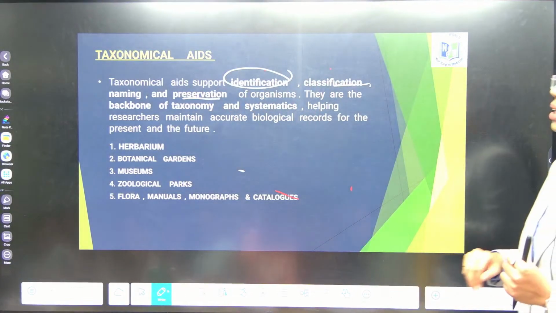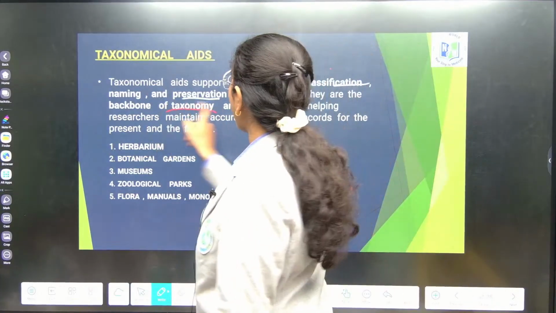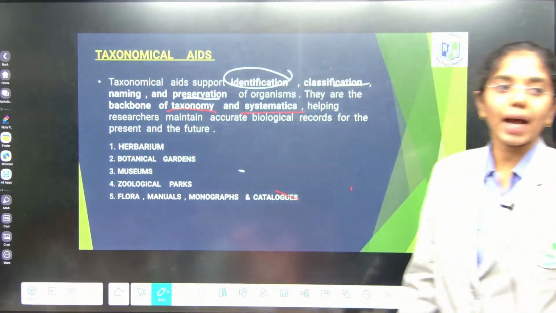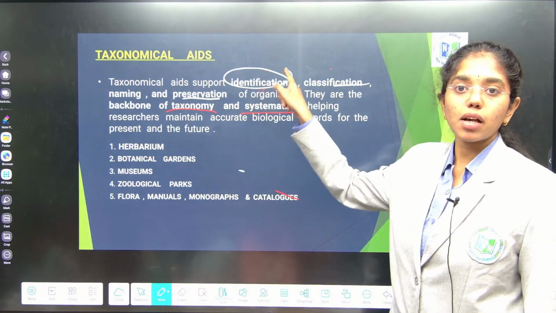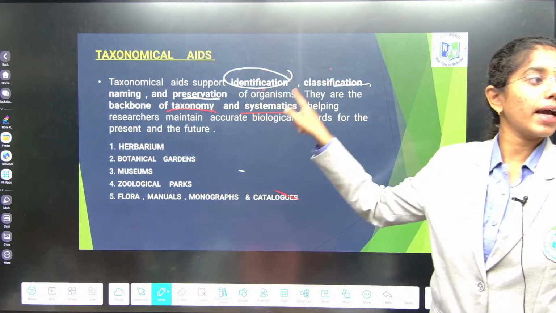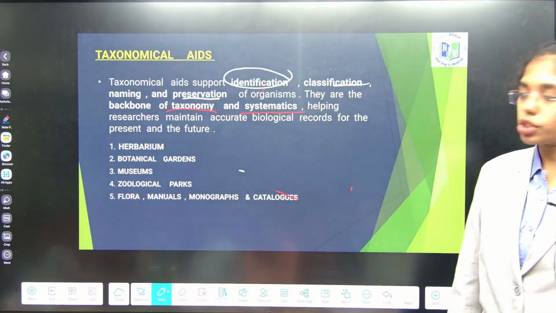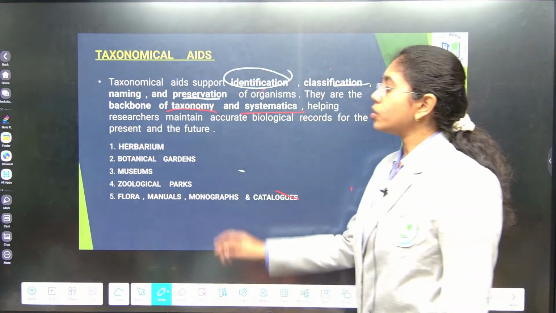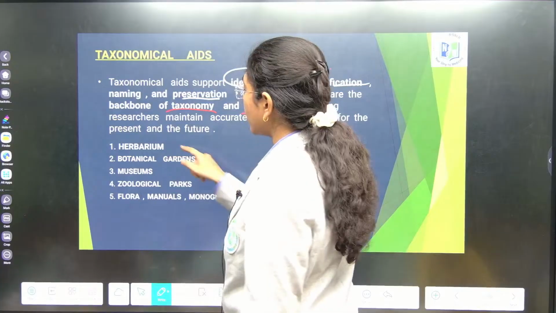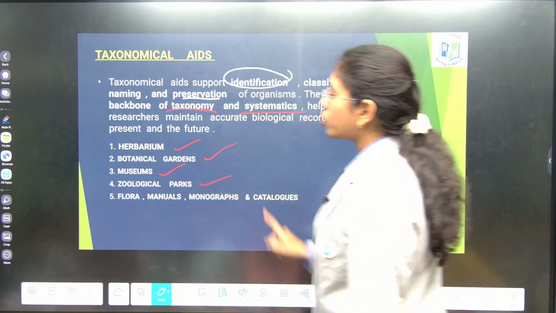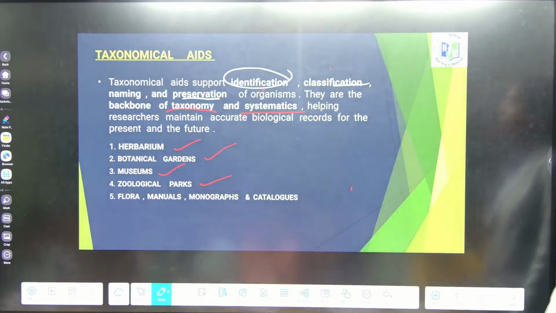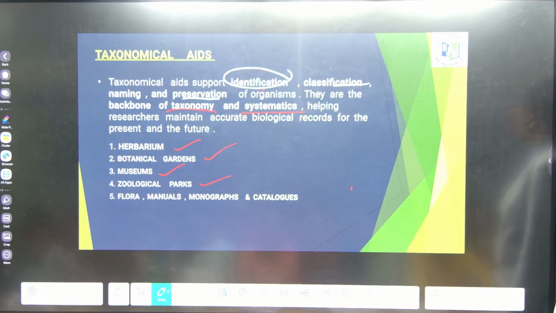So that is the reason taxonomic aids stand as a backbone of both taxonomy and systematics. They are also helpful in identifying evolutionary relationships. Likewise you have different taxonomic aids: herbarium, botanical gardens, museums, zoological parks, flora, manuals, monograph, catalogs. Okay.